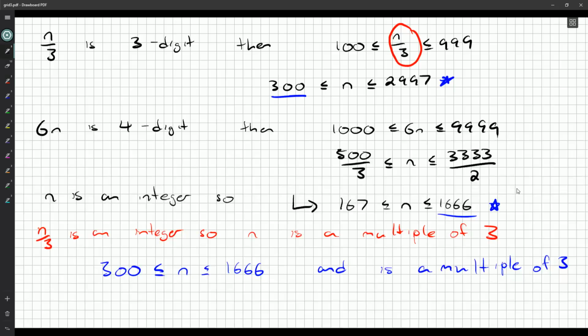Okay, and I think the easiest thing to do when counting multiples of 3 is divide all sides of the inequality by 3. So we're actually putting an upper bound on n over 3 here. 1666 divided by 3. So n over 3 is at most 555.